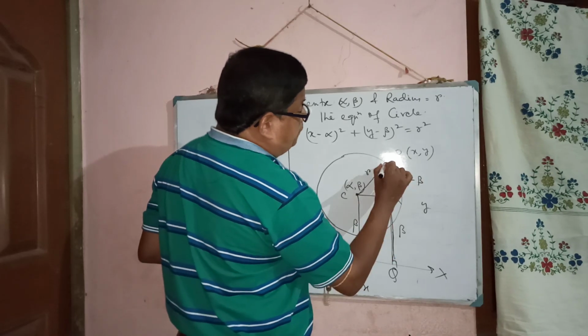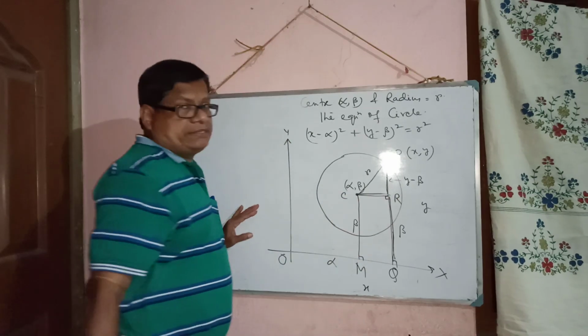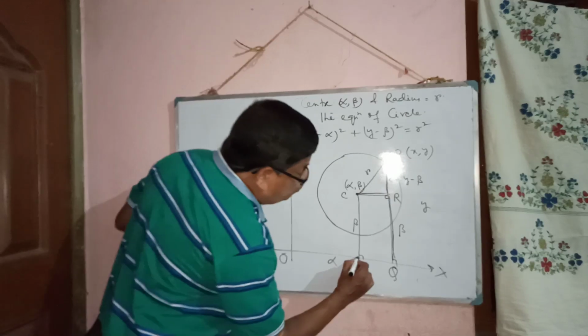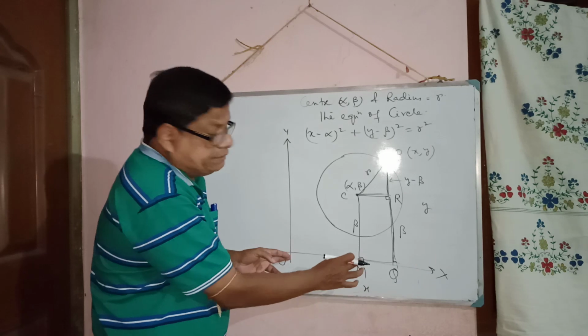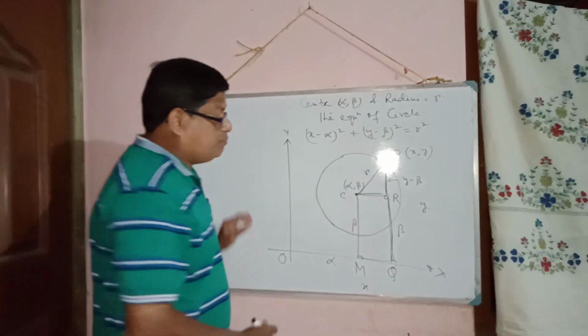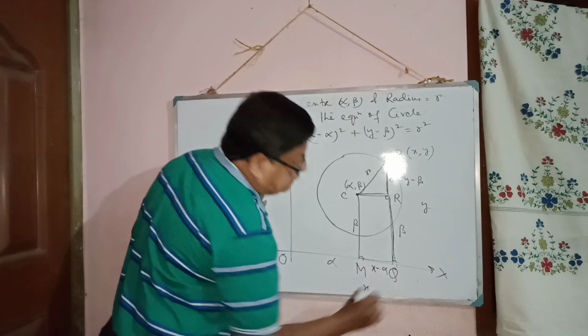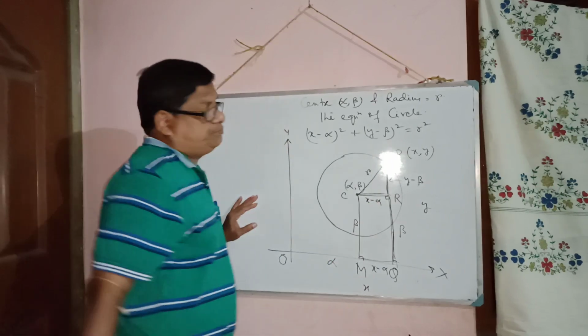And CR equals MQ. So this part is x minus alpha, and this is also x minus alpha.